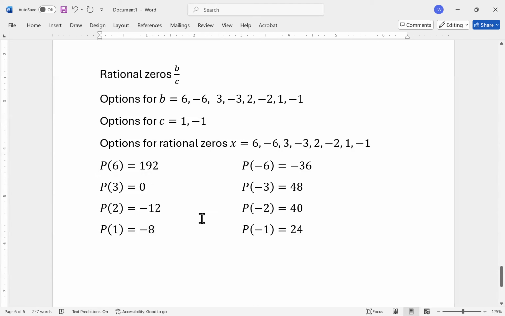In other words, it's irrational. But this does give me one rational 0. That is the value of 3. So we have one rational 0, and that is the value of x equals 3.